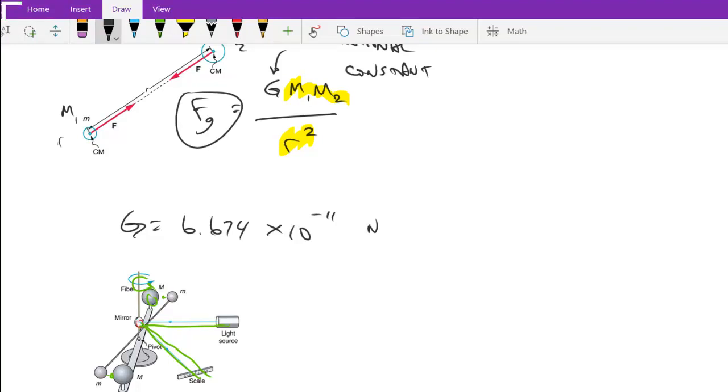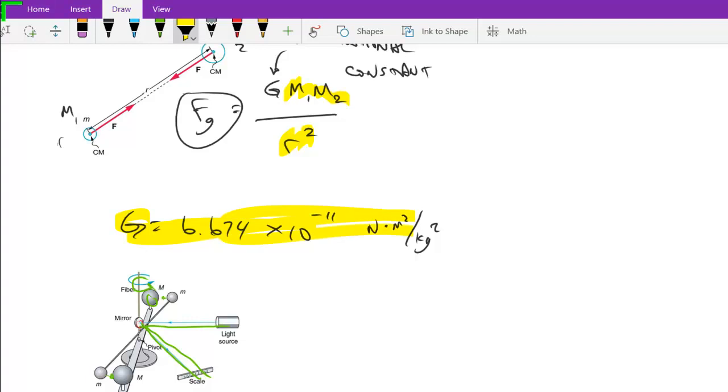So this is newton meters squared per kilogram squared. So this is the gravitational constant G, which goes into the gravitational force equation here.